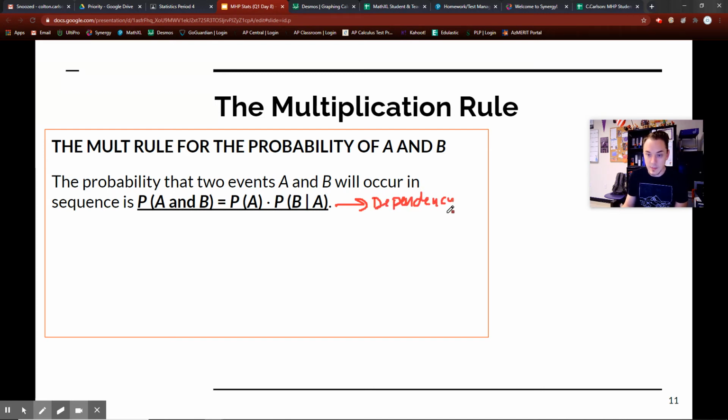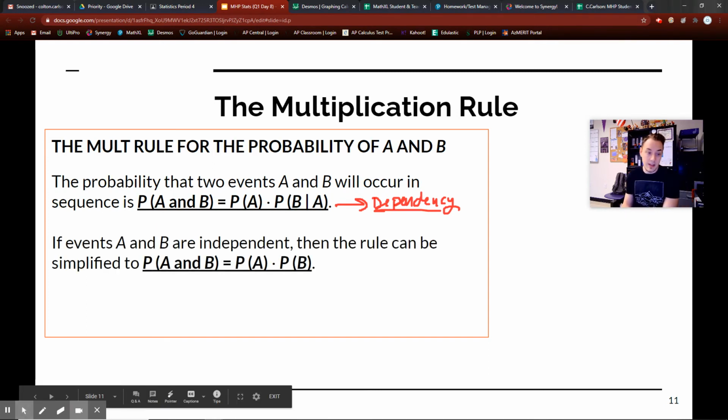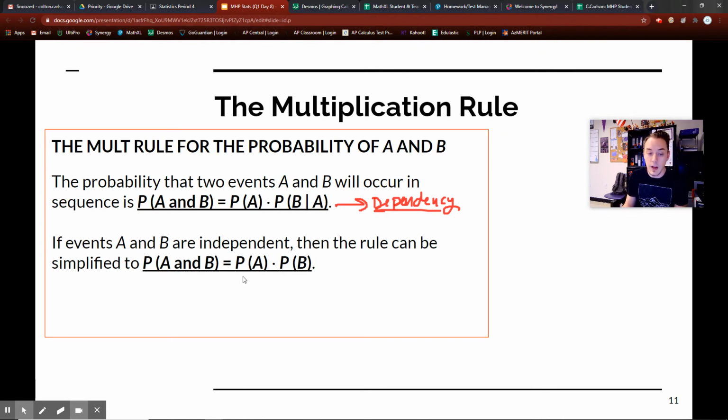I'm going to show you what that means in a little bit. So if an event is dependent, this is the formula I'm going to be using. If it's independent, I'm going to be using this formula, where I'm just literally multiplying the probability of A times the probability of B.